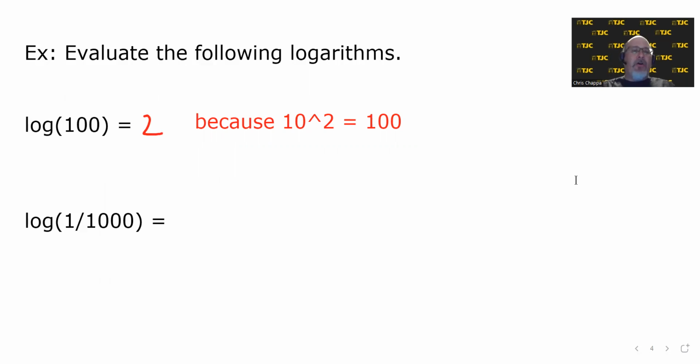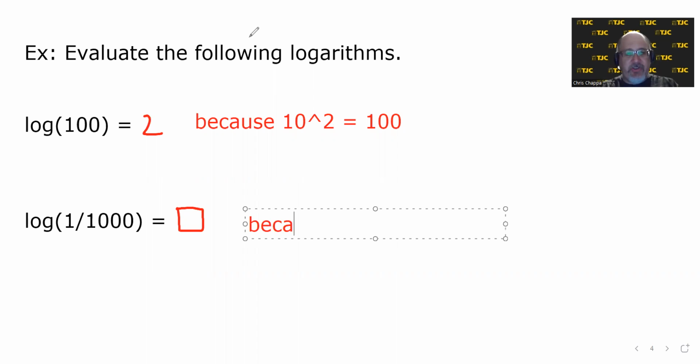But what about log of 1 over 1,000? When we evaluate these logarithms, which is going to be talked about in greater detail in the next video, my advice is going to be just represent the answer with something, a question mark, a variable, maybe a box, doesn't really matter. And it doesn't really matter what the answer is initially, but it matters what the answer does.